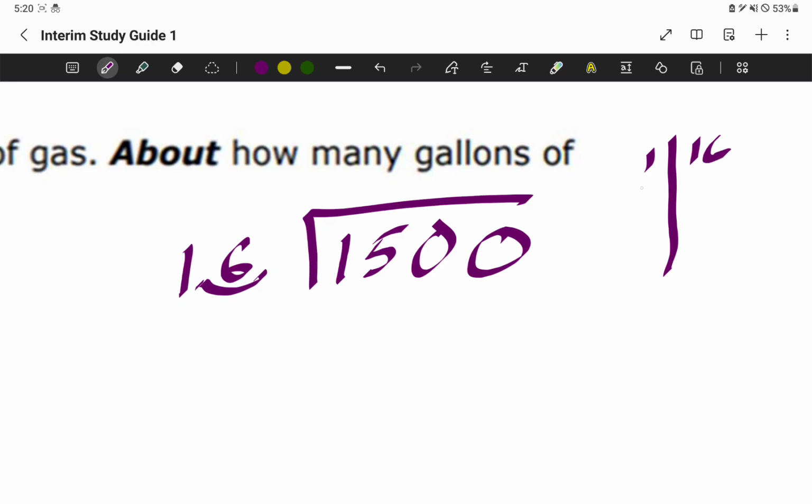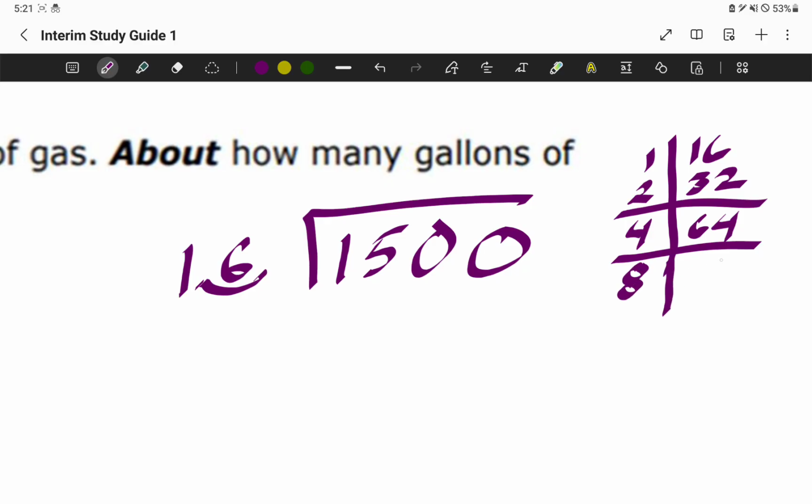16 is 16. 2 is 32. 2 32s is 64. Well, we're not there yet. So 2 64s: 4 and 4 is 8, 6 and 6 is 12.